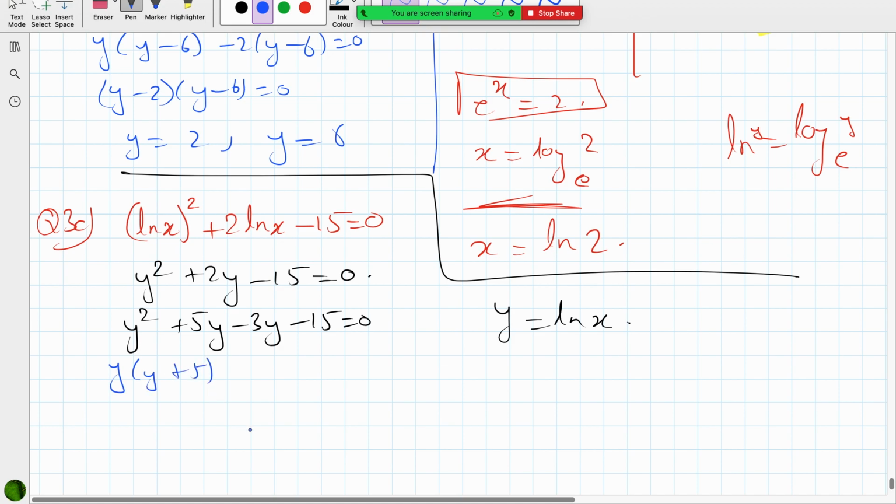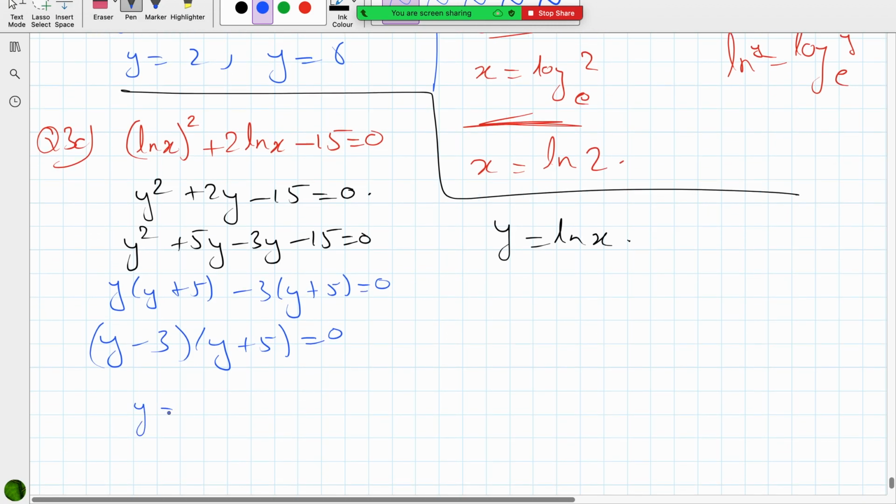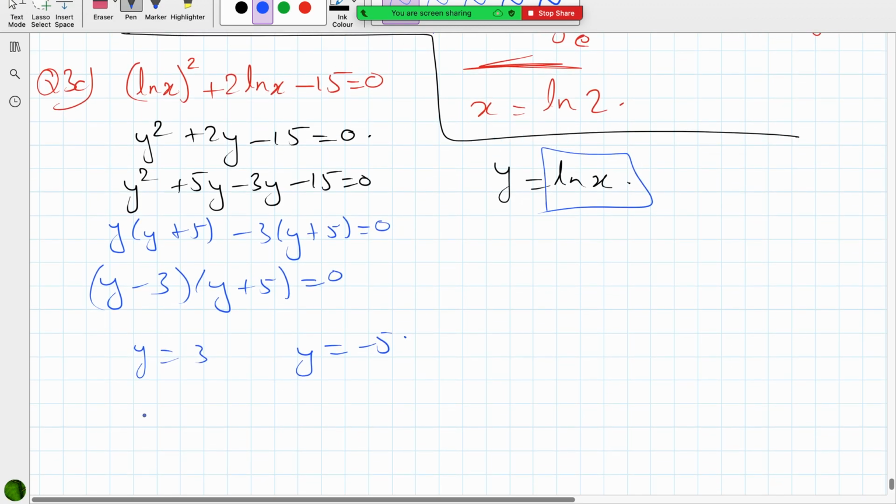So (y plus 5)(y minus 3), y is equal to 3 and y is equal to negative 5. Now we started with ln x, so ln x is equal to 3 and ln x is equal to minus 5.